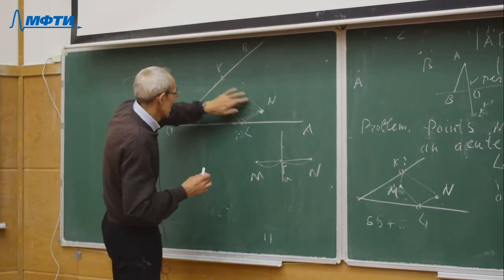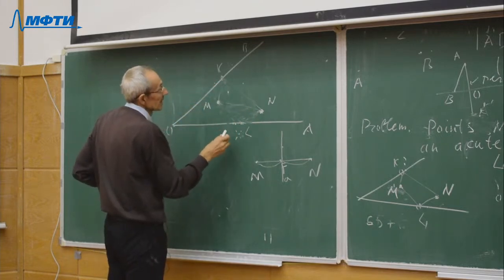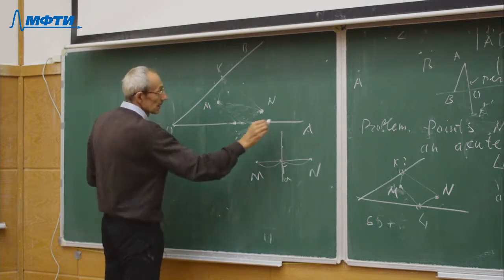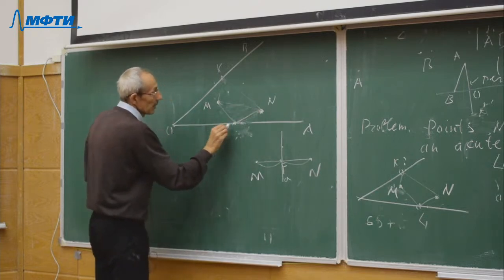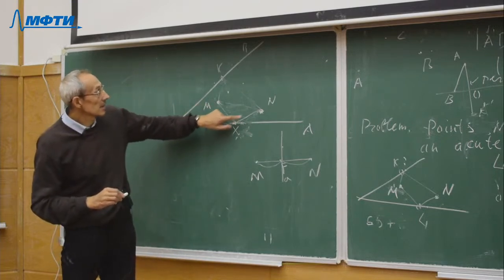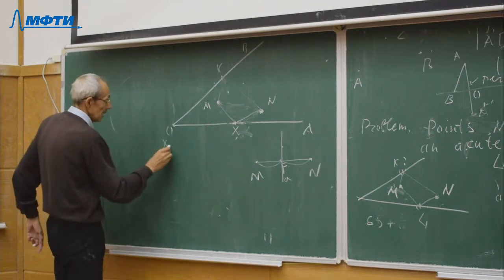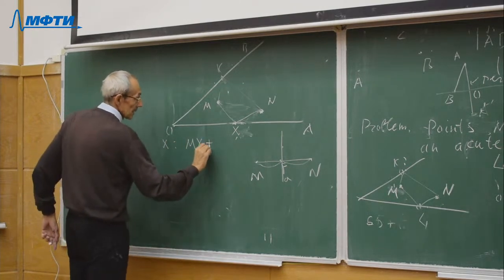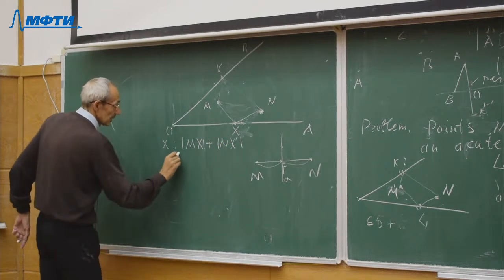First question: we want to choose such a position for point L on the straight line OA, such that the sum of the distances from M to X and from N to X is minimal. X such that MX plus NX is minimal.